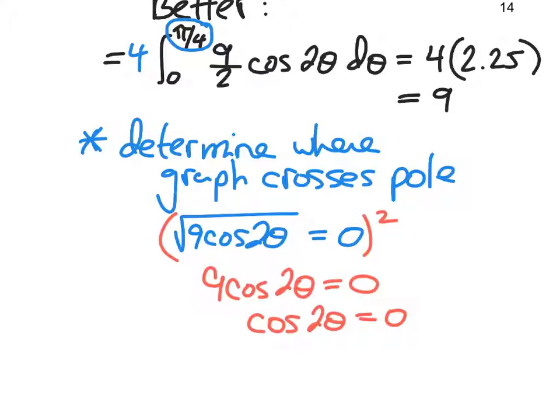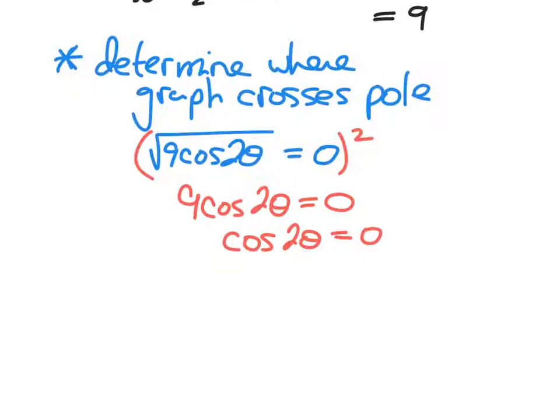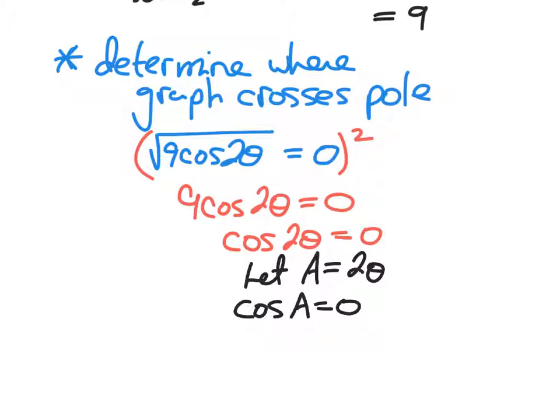Whether it's an identity, I mean, you could apply an identity, I just think you make your life a little bit more complicated. The better way of handling this is to define a dummy variable, which is what most people do. Let a equal 2 theta. And so cosine a equals 0.